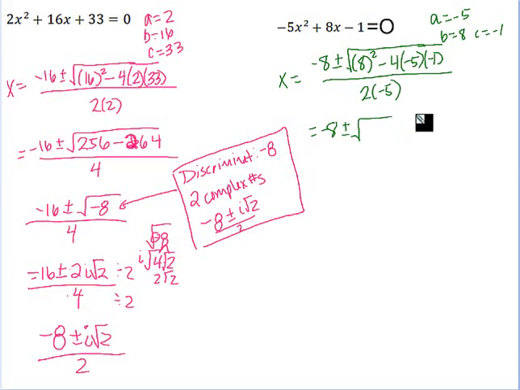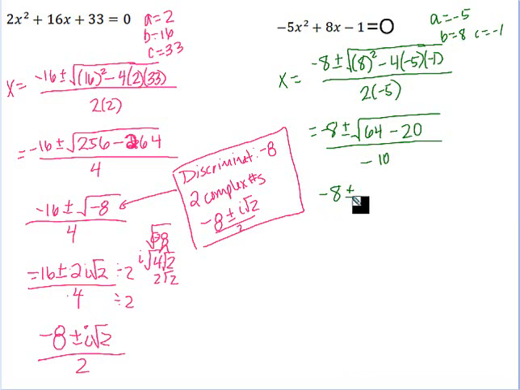Simplifying down, this gives you negative 8 plus or minus the square root of 8 squared is 64. 4 times negative 5 times negative 1 is a minus 20. All over 2 times negative 5 is negative 10. This then gives us negative 8 plus or minus 64 minus 20 is 44.